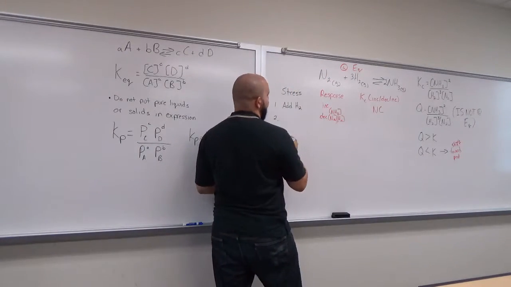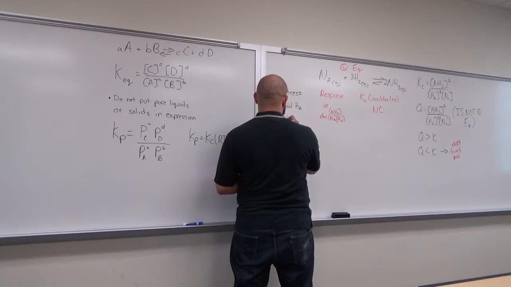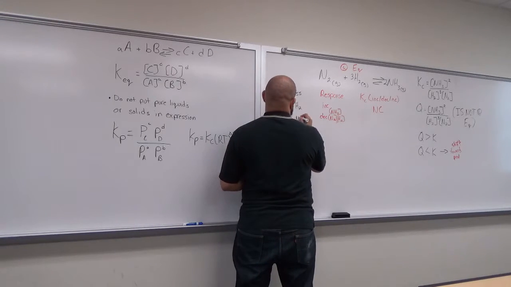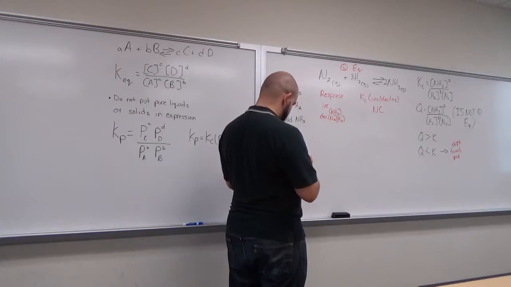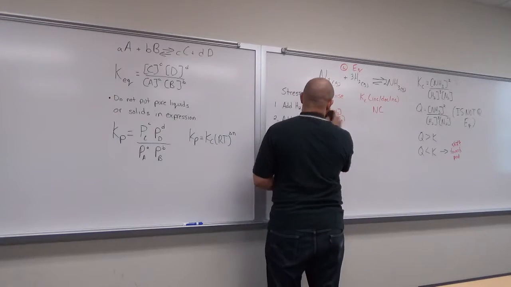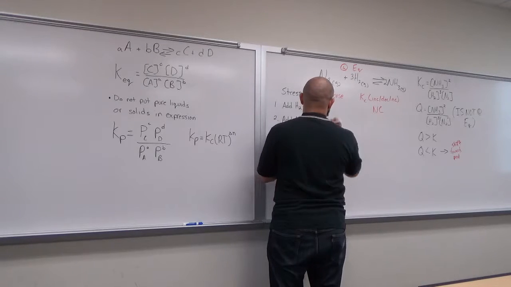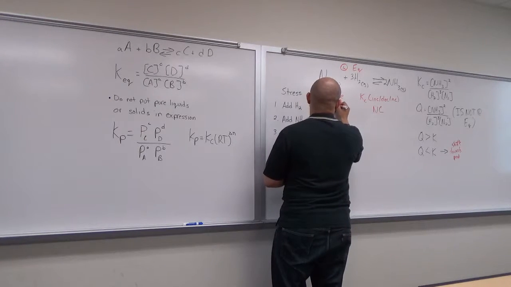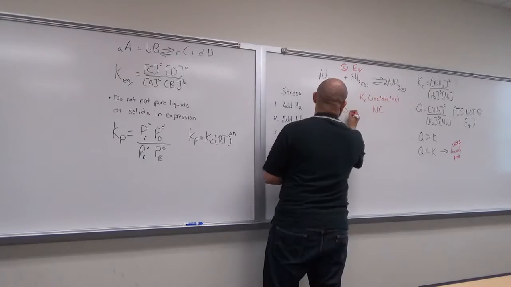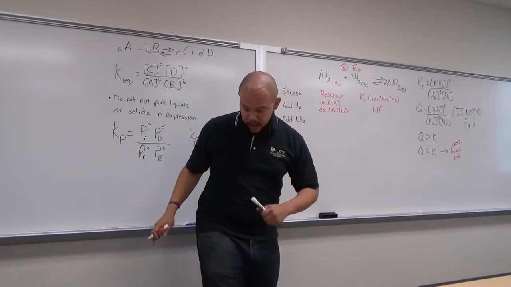So let's say that I added NH3. I'm going to move this up a little bit. So let's say I added a product. What is my response going to be?